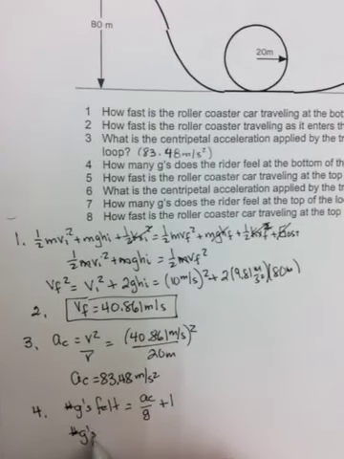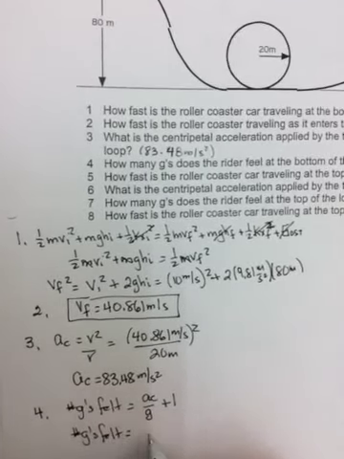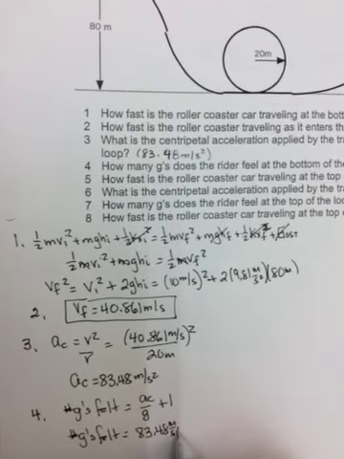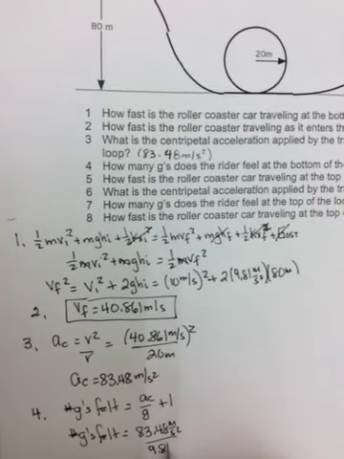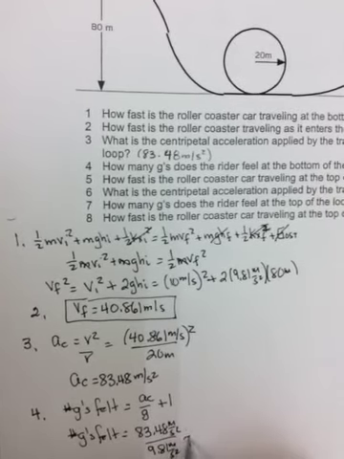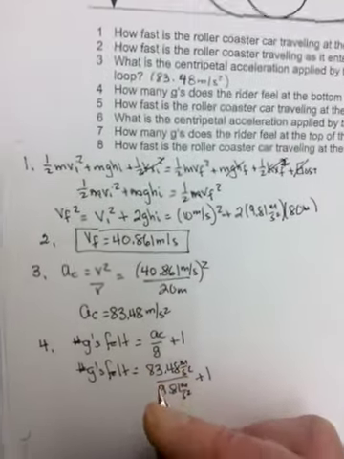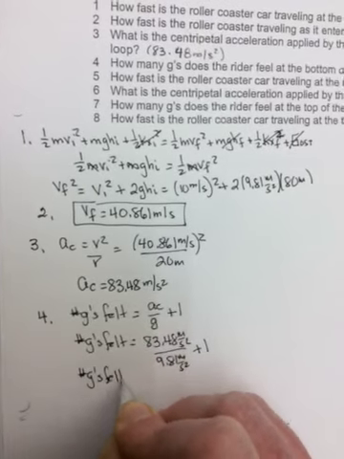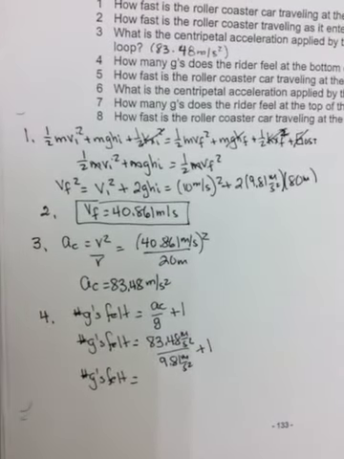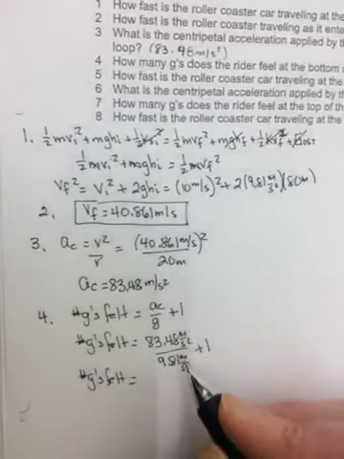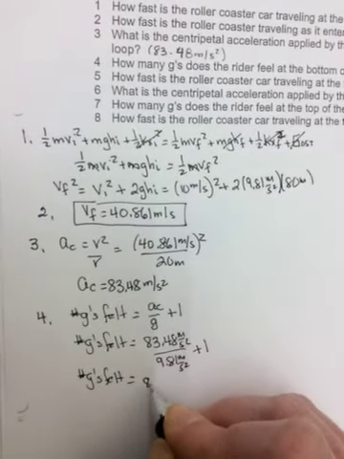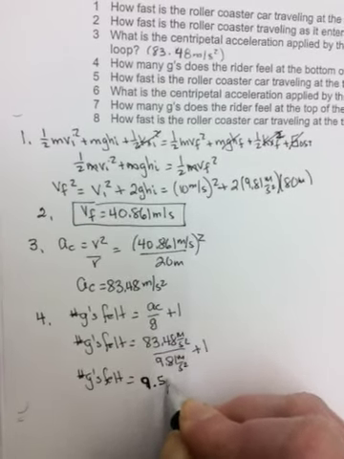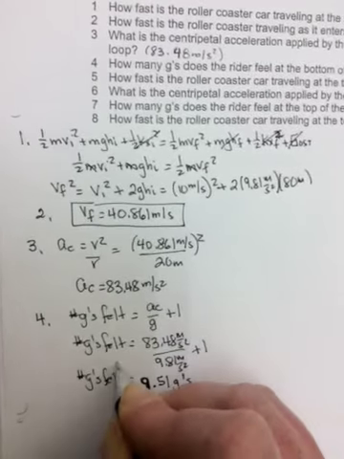So number of G's felt is equal to that 83.48 meters per second squared divided by 9.81 meters per second squared plus 1. And when you do this, you divide by 9.81, and then add 1. So you get 8, whoops, sorry, I forgot to add 1 after I said it, 9.51 G's.